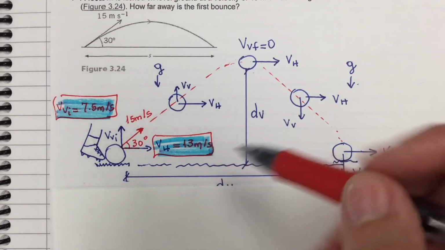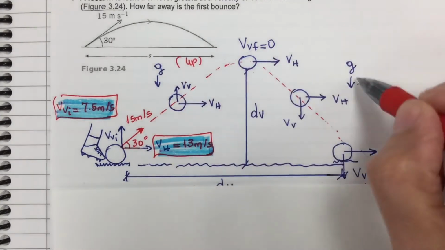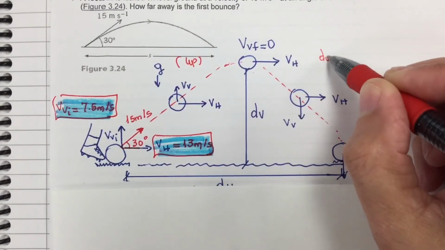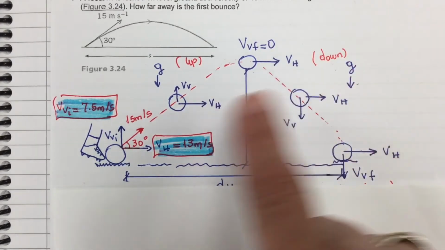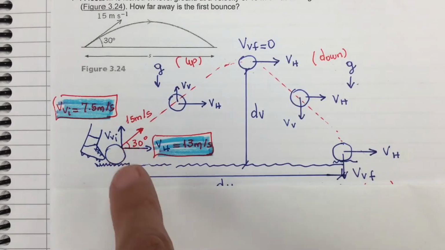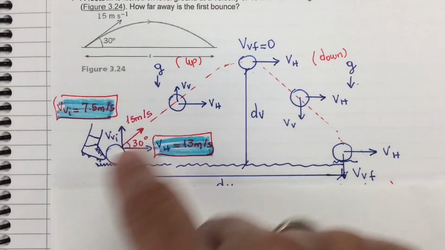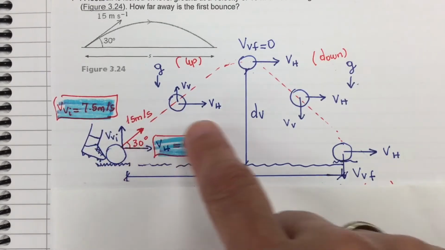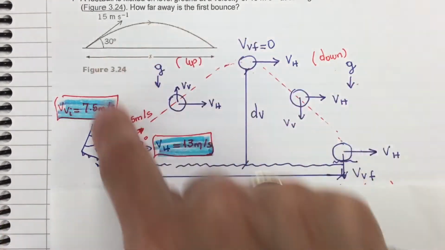Now, because here I have going up and here coming down, I need to select one of the directions. I cannot use both. So in this case, because you have more information on the initial state of this motion, I'm going to select my vertical motion going up.